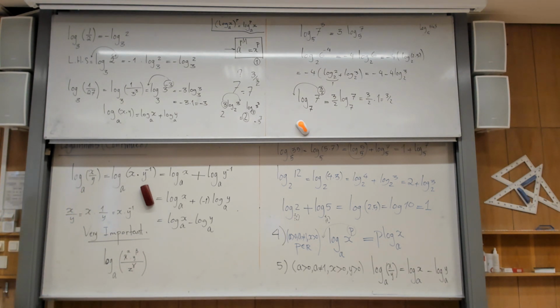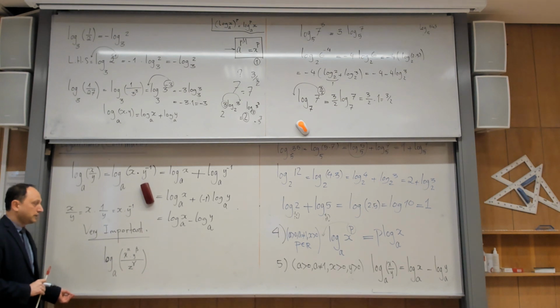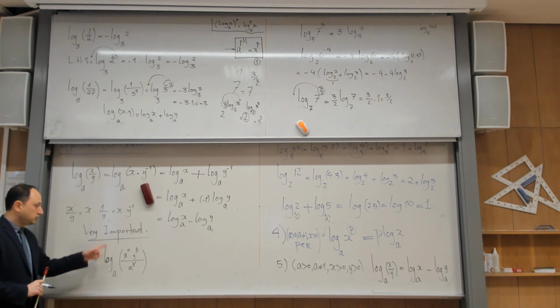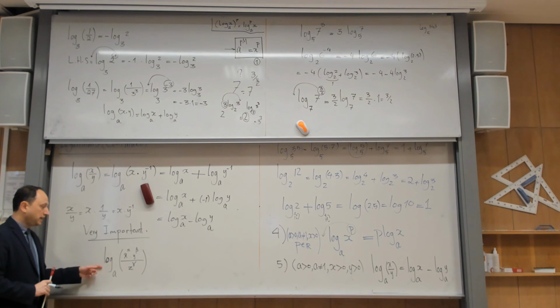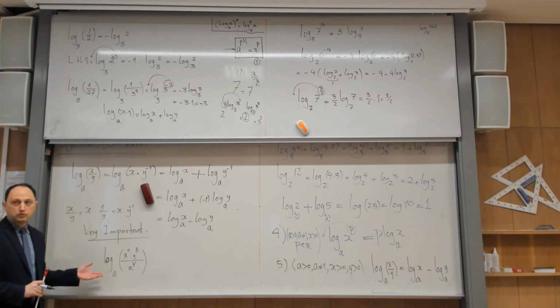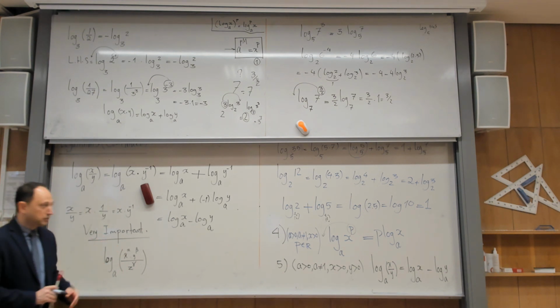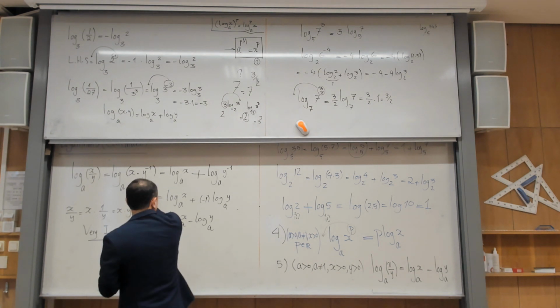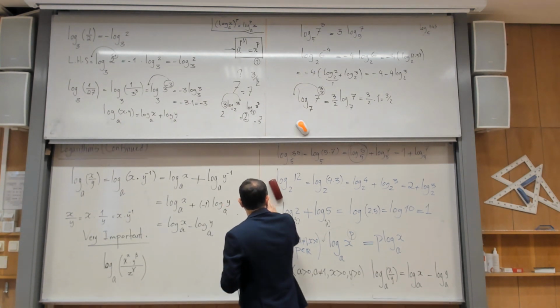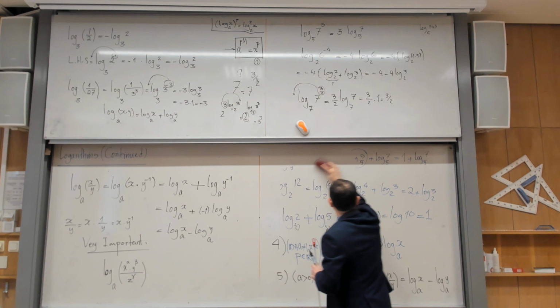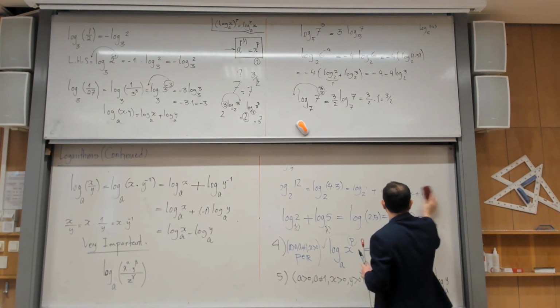I want to expand this expression as much as possible. I want to do it once very patiently so that you learn, and then I want you to be able to do it immediately without doing the intermediate steps, because that is too boring if you do it every time.